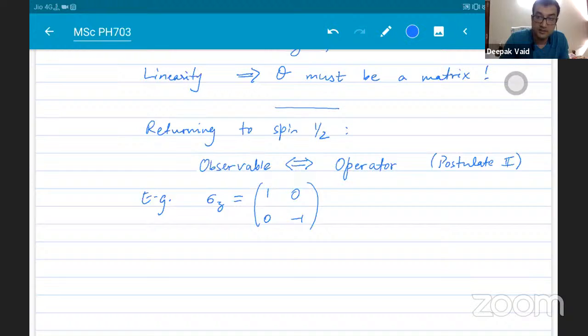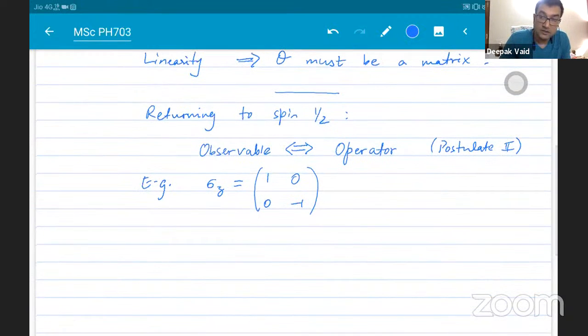Now, whenever I have an operator, an operator is a matrix. So if a matrix acts on a state and a state is a vector, then I can have an equation of this form, right?